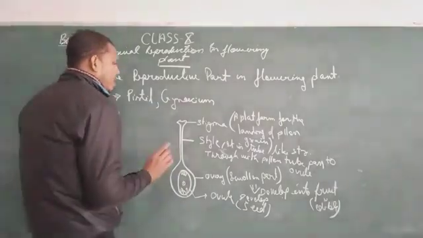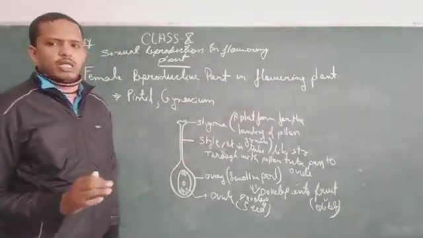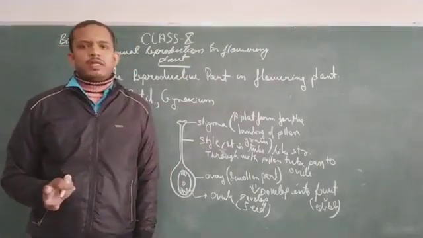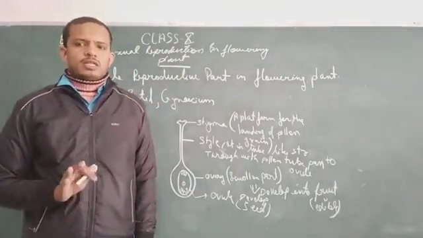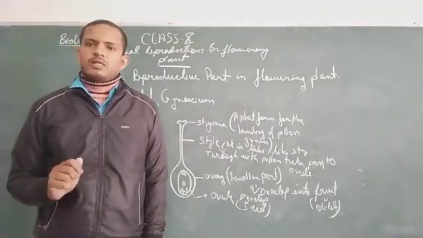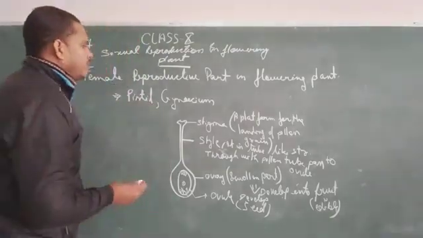What happens? As I told you, when there is fertilization, I mean pollen grain and the female reproductive part, that is male gamete and female gamete, there is one condition that they need to be receptive.